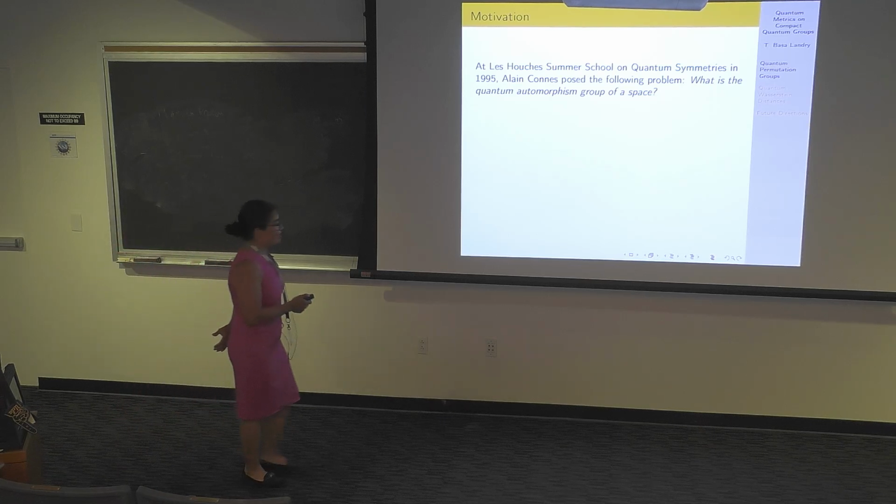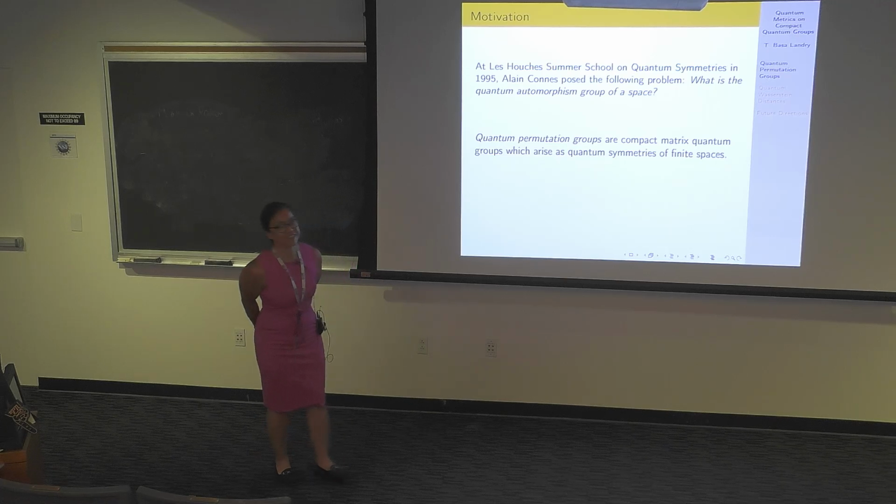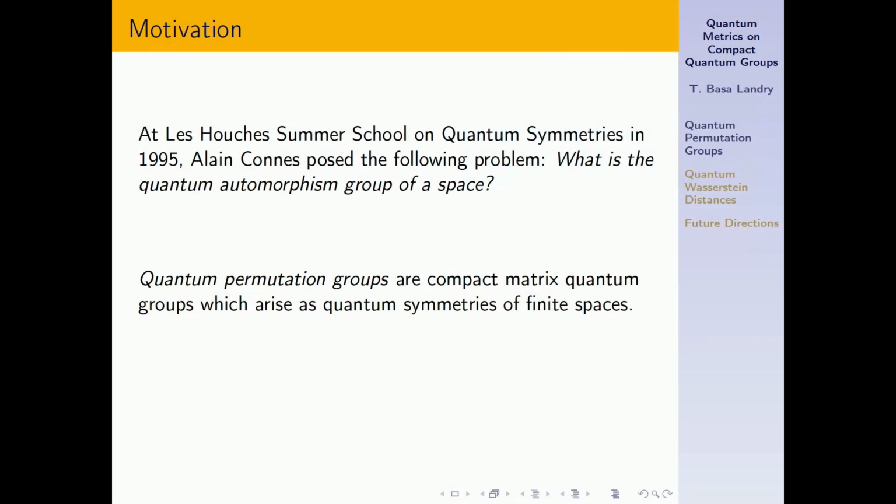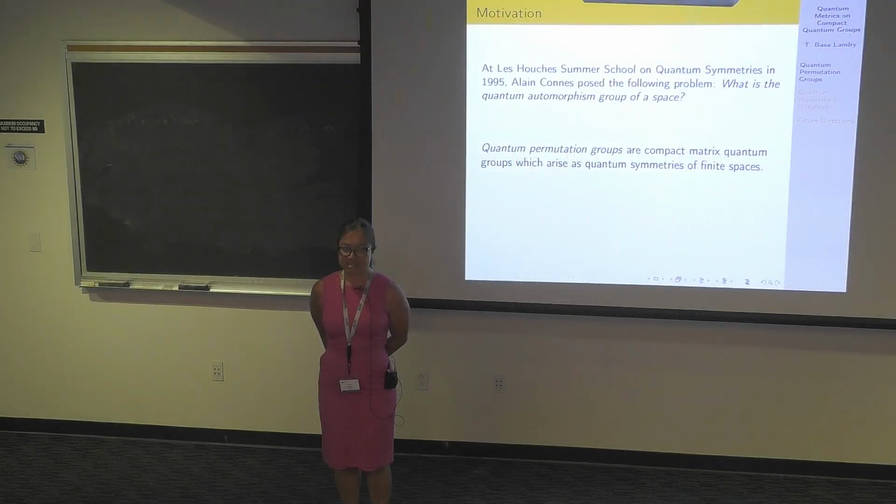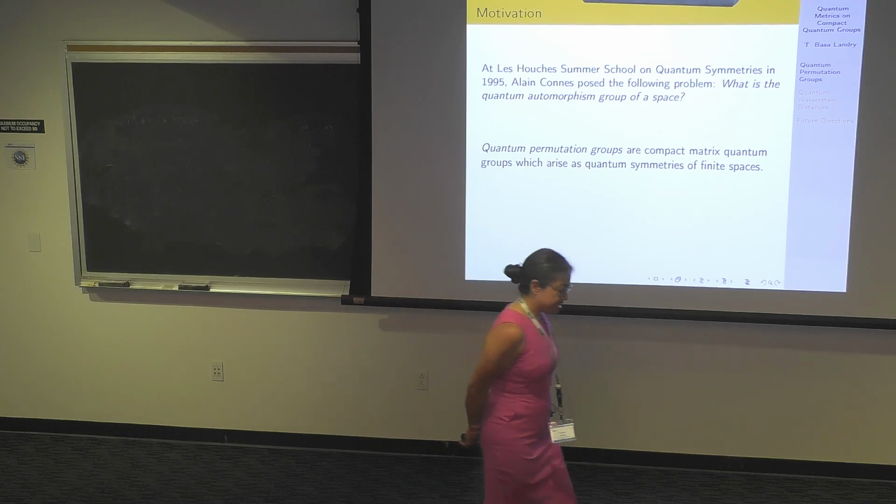And the beautiful surprise is that even classical spaces can admit quantum symmetries in addition to, and including, their classical symmetries. Quantum permutation groups are compact matrix quantum groups which arise as quantum symmetries of finite point spaces, sets with finitely many points.